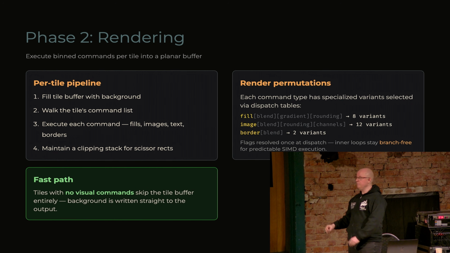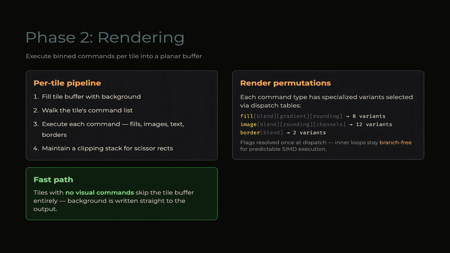And then the other thing is that I have what I call render permutations. The idea is that when you want to render something, sometimes you have blending enabled. You might have rounding on your buttons. And you may have a gradient enabled to do fading. So I have a list of these variants.